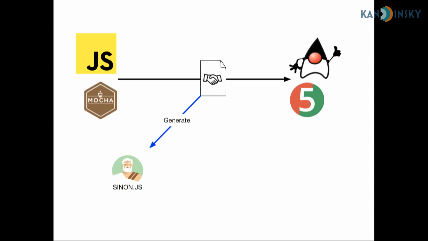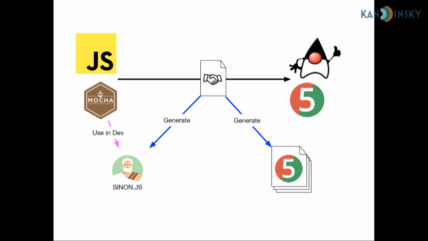And then there are tools available on the market, and you can generate a mock for the front end out of the specification and use this mock in development like you used the previous mock. You can also generate tests for the backend out of the specification, and then in development run the tests against the backend to ensure that the backend still adheres to the contract.